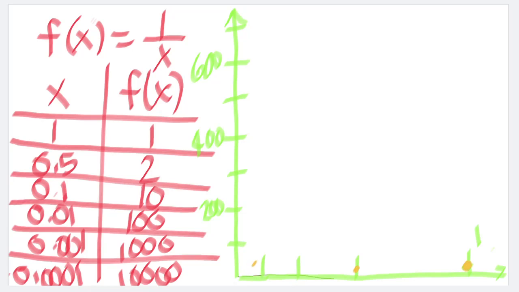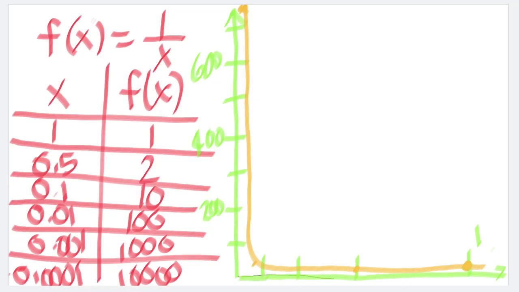Then 0.001 reaches 1,000, and 0.0001 reaches 10,000. Now if you try x equal to 2, you get 0.5.